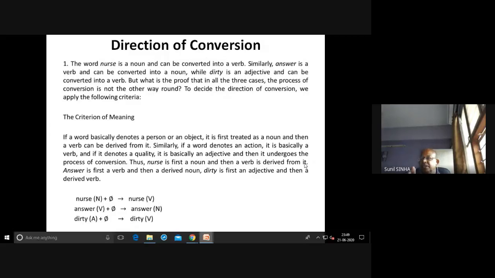She's nursing the patient. Nurse is a verb here. Answer: I always answer the questions. Answer is a verb in this sentence. My answer is correct. Answer is a noun in my answer.